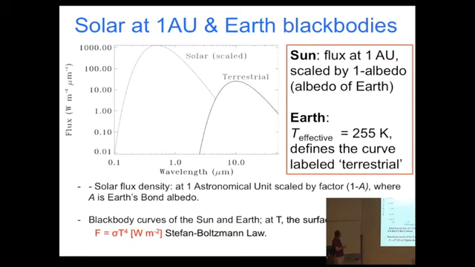For solar, this is scaled by a factor. Basically the effective temperature of the Earth here is 255 Kelvin, which is equivalent to balancing the absorbed solar radiation without going thermal infrared. And these black body curves, if you calculate the total flux, it's just the Stefan-Boltzmann law for a black body. So that's where we start.